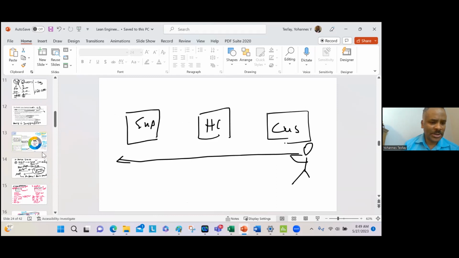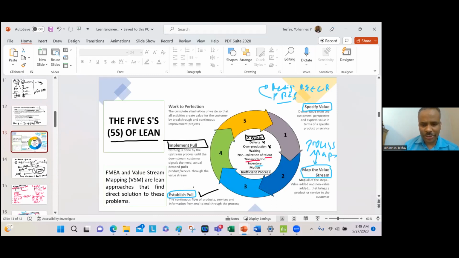Then lean is going to work toward perfection: perfect inventory, perfect operation, perfect lead time.